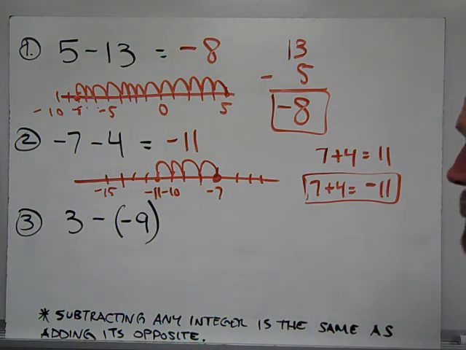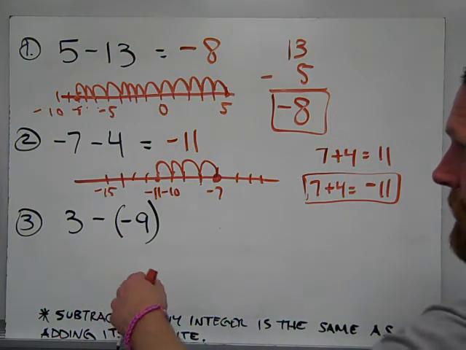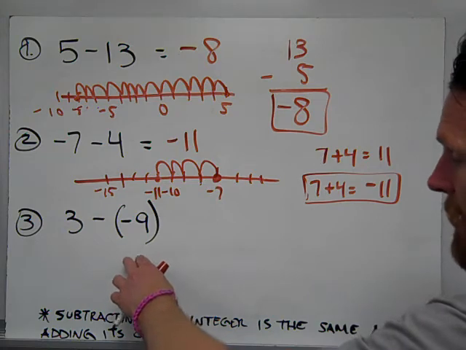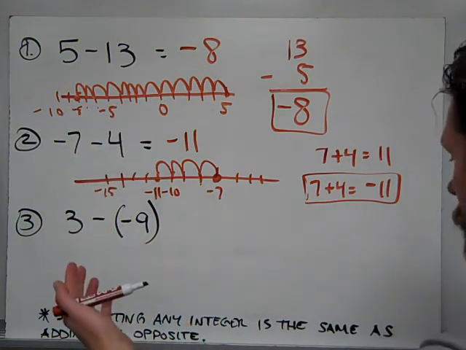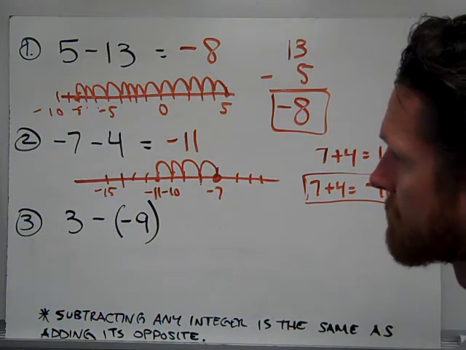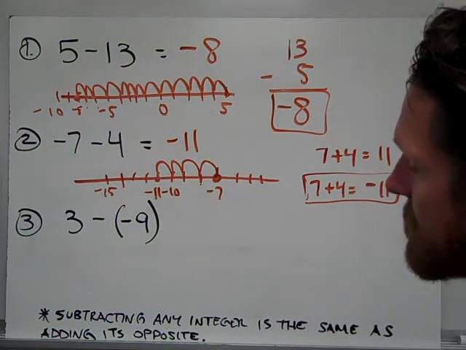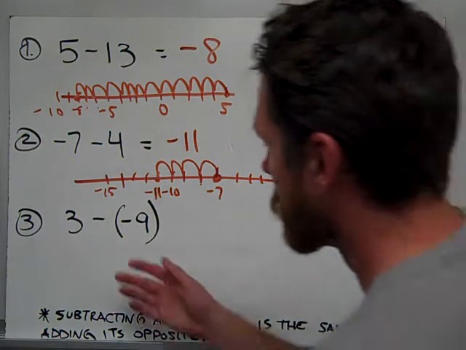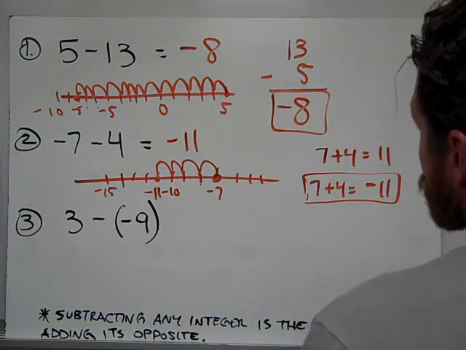Basically, subtracting any integer is like adding its opposite. So that works with this one right here. I don't know, basically all of them in a way. Subtracting any integer is the same as adding its opposite. Let's do this one, and we'll see if it definitely applies on the next one.